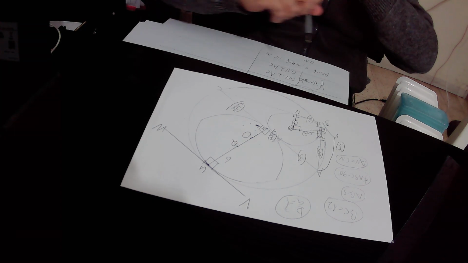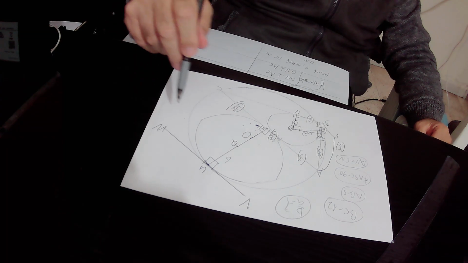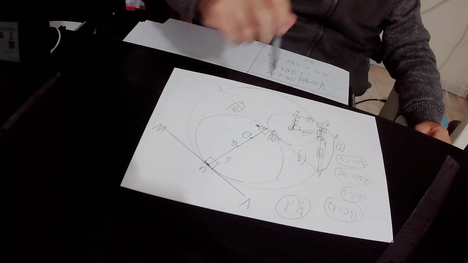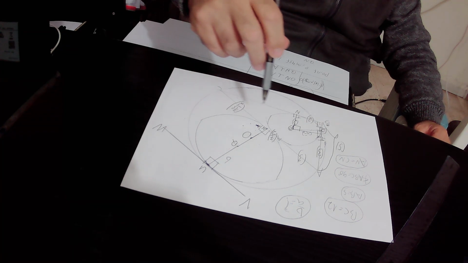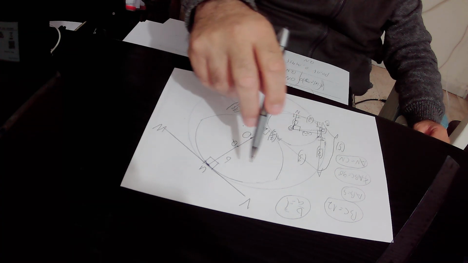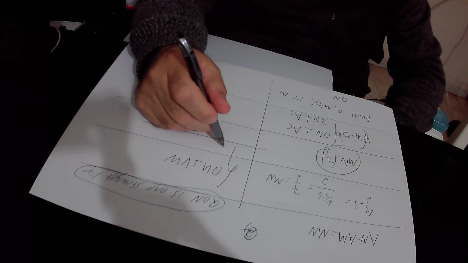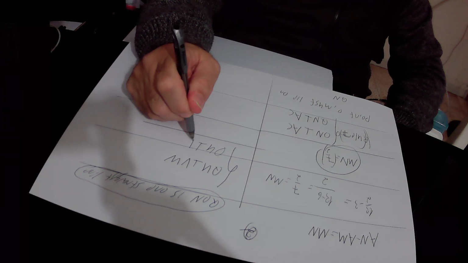And whenever you have a radius that is drawn to the point of tangency, then tangent VW will be perpendicular to the radius UO. That is to say, this angle equals 90 degrees, and this angle also equals 90 degrees. So we can write down that OU is also perpendicular to tangent VW. The radius OU is perpendicular to tangent VW.